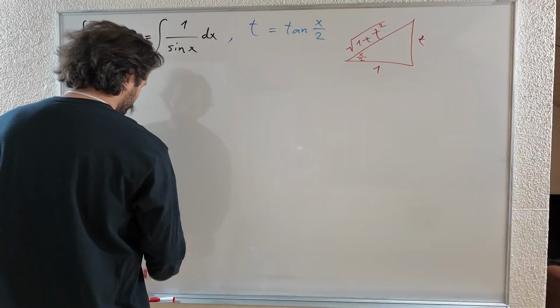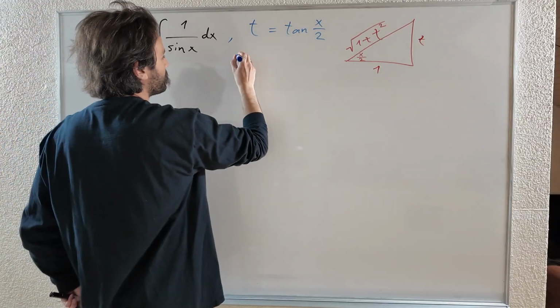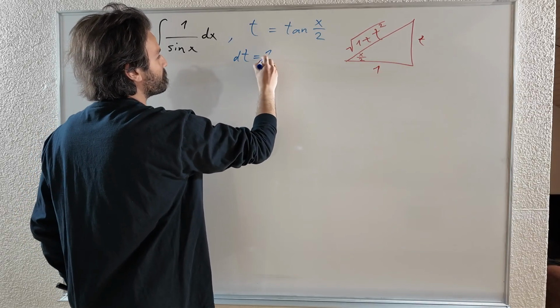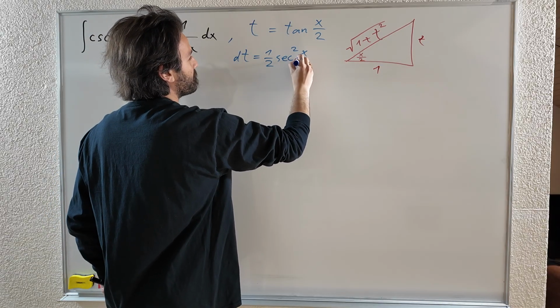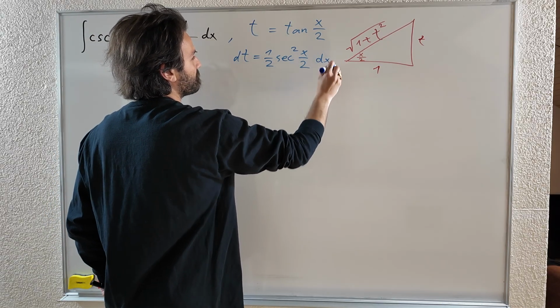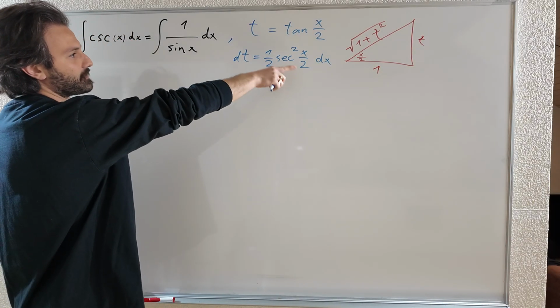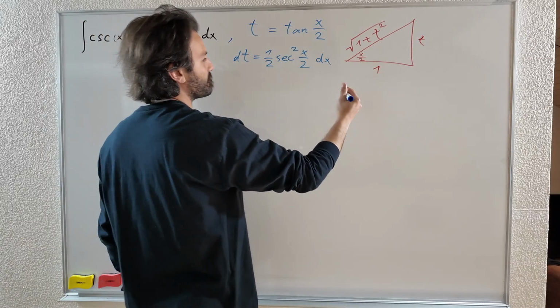All right, let's try to differentiate this. This will give us dt is equal to 1 over 2 times secant square of x over 2 dx. And let's try to express secant of x over 2 with our triangle.